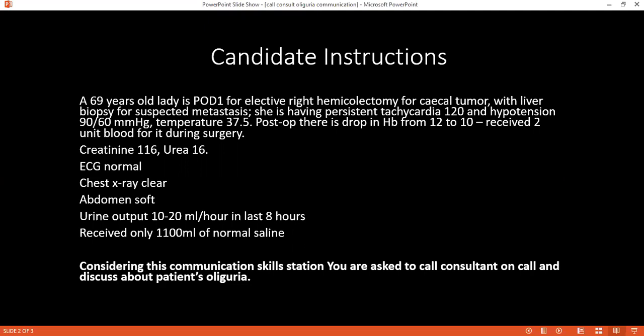Did you tell if the patient requires operation now? Sorry? Did you answer if the patient requires to be operated upon now? You didn't ask me about that.